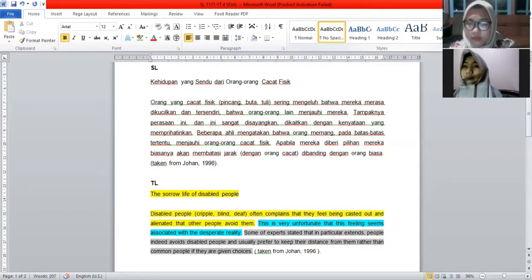So we combine it with "apabila mereka diberi pilihan, mereka biasanya akan membatasi jarak dengan orang-orang cacat dibanding dengan orang biasa." So that's why we use modulation, because we think this is compatible, and those two sentences have relation to one another. Therefore, we paraphrase it because we think it is more effective.